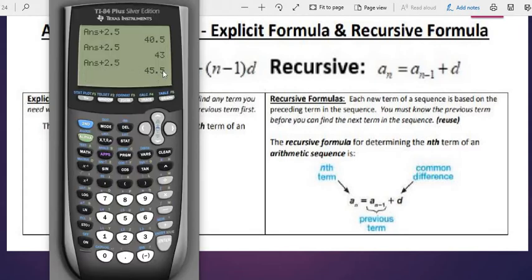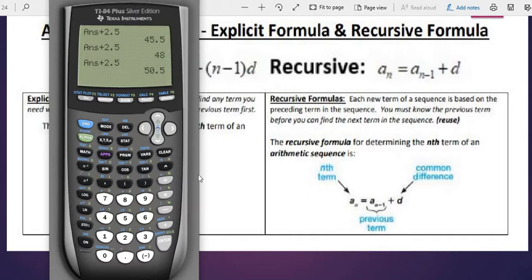So you see the 45.5, that would be what we would have, a sub n minus 1. That's a 45.5. Now I hit enter because I'm going to add my common difference of 2.5, and I get 48. So I'm going to reuse the 48 again, and I'm going to add the 2.5 to it, and I come up with the 50.5. That is how the recursive rule works.